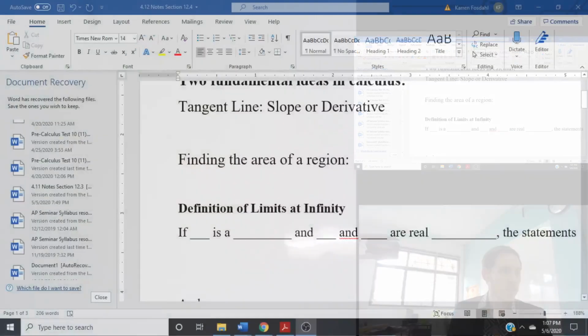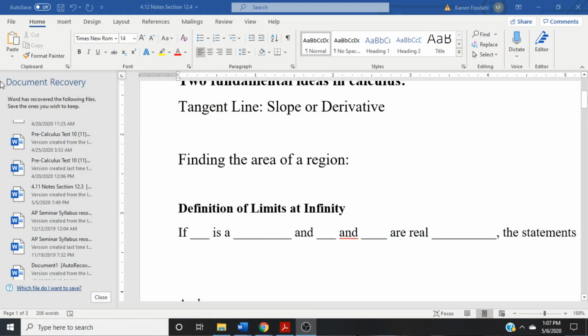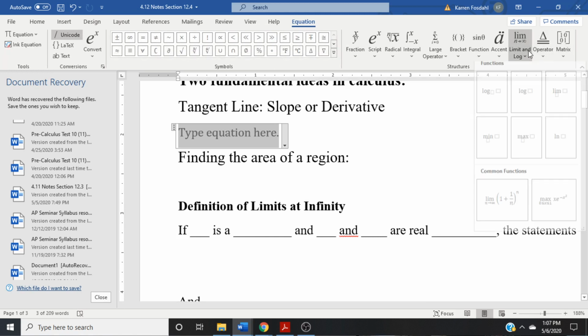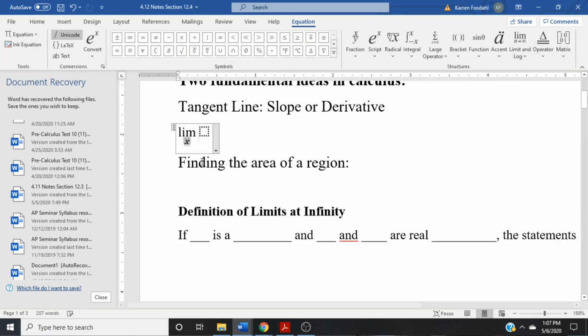Okay. So solve either the tangent line or derivative. And this one again is just the limit as h approaches 0 of f of x plus h minus f of x divided by h.